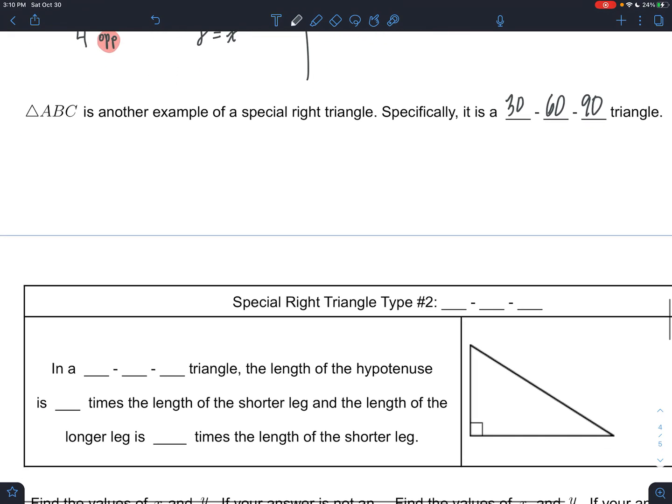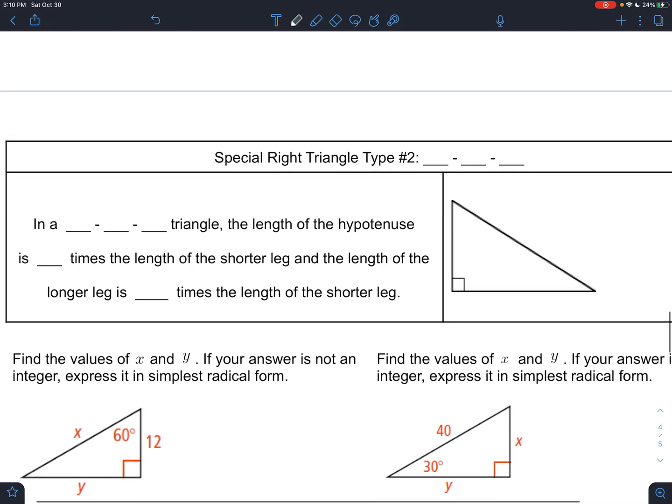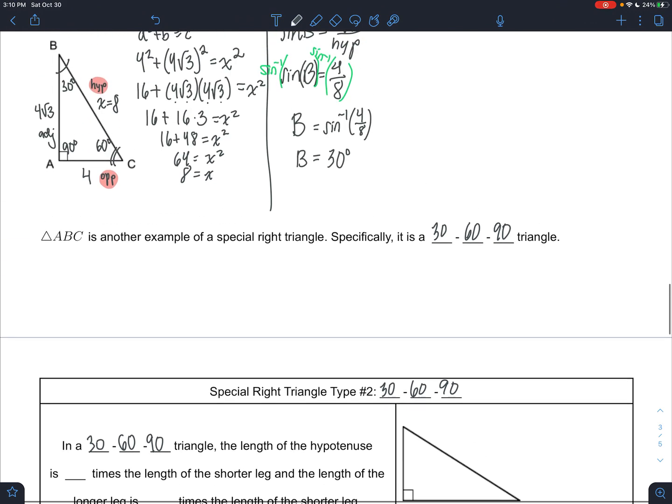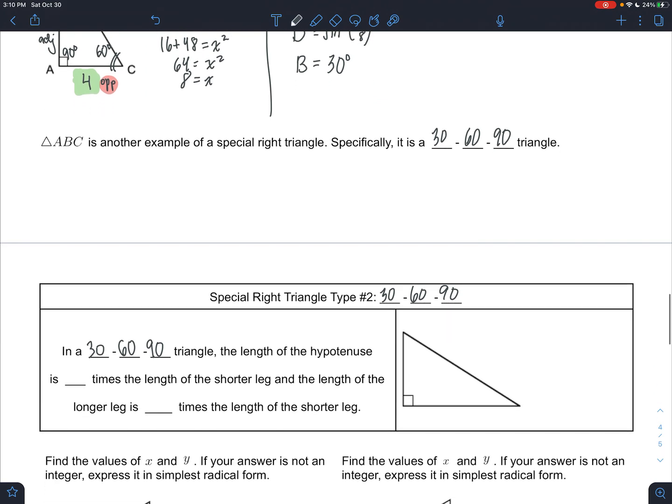So let's break that down again. Let's summarize. In a 30, 60, 90 triangle, the length of the hypotenuse, let's see. So look how this 4 and this 8, 4 times 2 is 8.